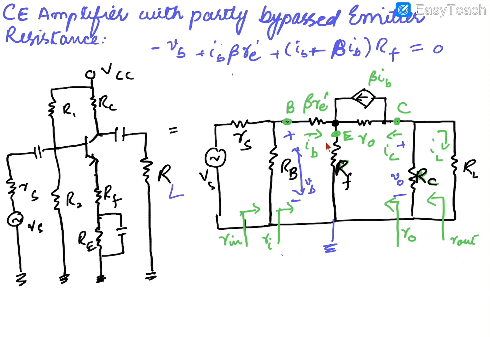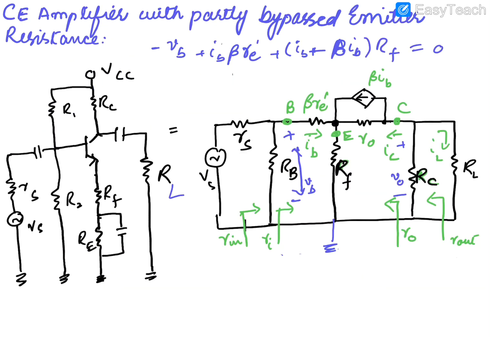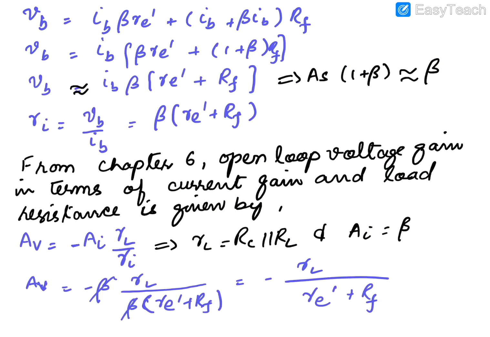So we have the equation minus VB plus IB beta RE dash plus IB plus beta IB into RF is equal to 0. So this equation takes the form VB is equal to IB times beta RE dash plus this, by taking IB common, and as beta plus 1 is approximately equal to beta, VB will be equal to IB times beta RE dash plus RF. So we can find the input resistance by dividing VB by IB, which will be equal to beta times RE dash plus RF.